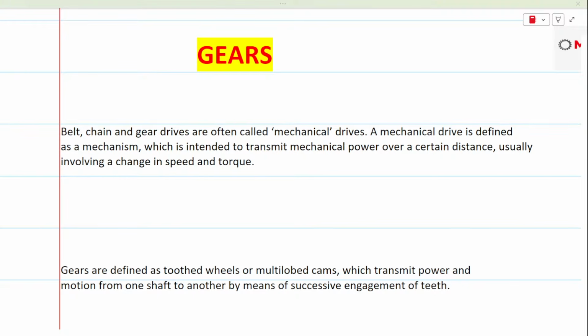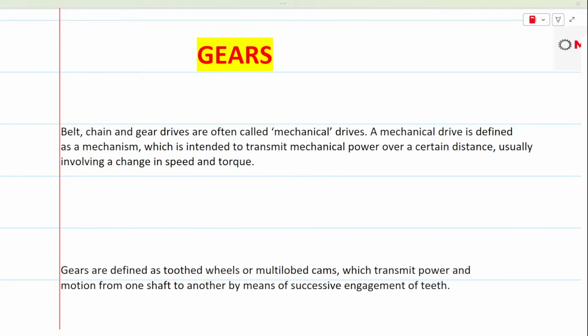Along with that, we also extend the discussion to understand how the gears could be arranged in different combinations so as to get the required output. That kind of learning we will see in the topic called gear trains.